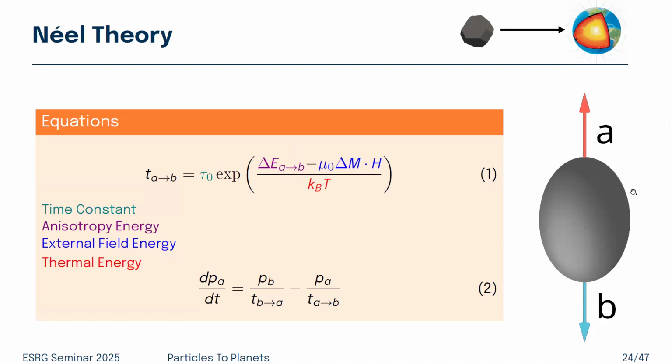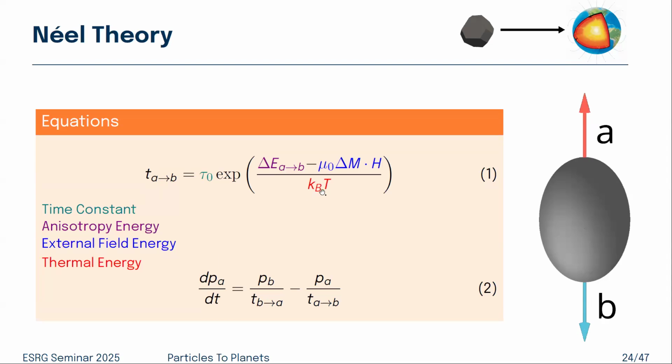Now, what will happen at temperature, if you have thermal energy, is that the thermal energy will disturb this and allow you to switch from A to B in some way. It can overcome that barrier. This formula that they came up with, known as the relaxation time formula, says that the average amount of time for your particle to go from A to B is governed by the exponential of the energy barrier over the thermal energy.